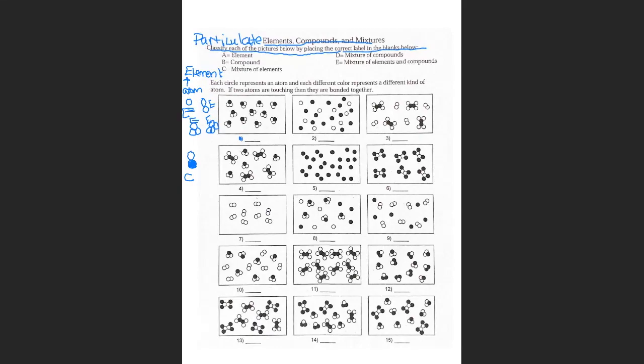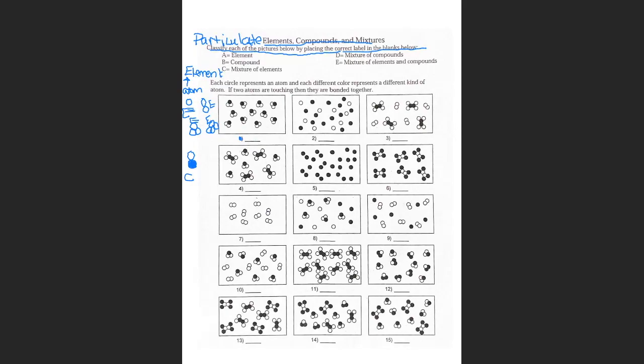Do the vertical column, and then the second person can do the second one, and I'll be here, of course, to help you guys out. Please write down the key so you know what is what, and then go through and label this. What I'm going to do to help out, I will do number one.